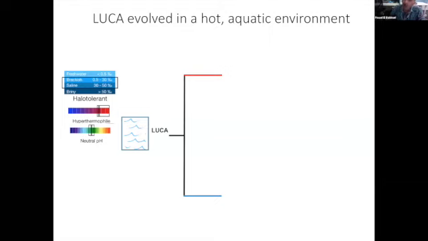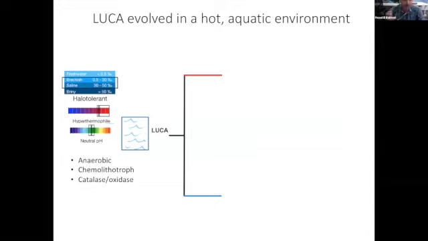It was anaerobic, chemolithotrophic, and surprisingly, it has catalase and oxidase. Although the concentration of oxygen at the time of LUCA is thought to be around 10 to the minus 3 of the actual levels of oxygen we have today. This is some of the estimates.